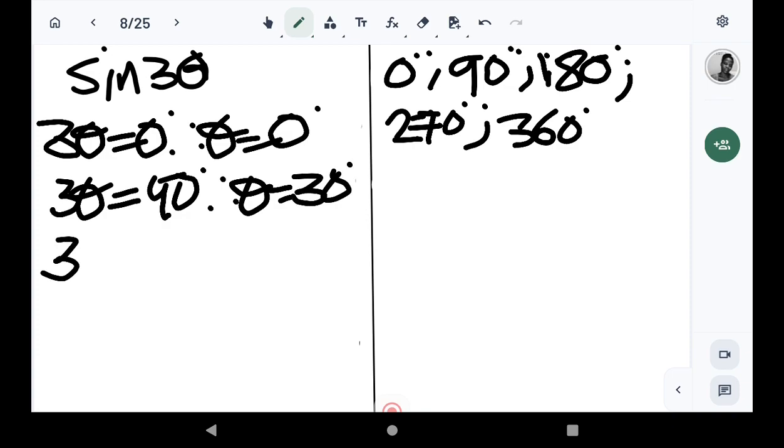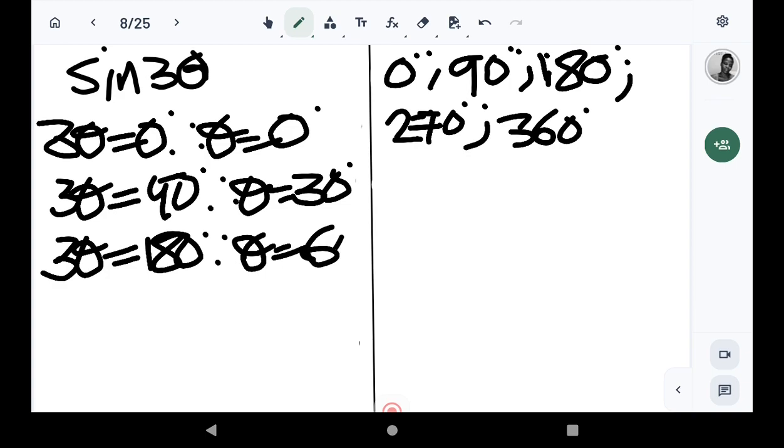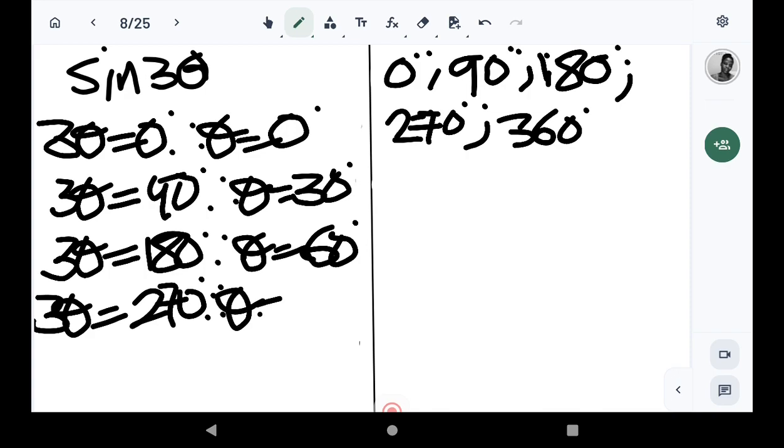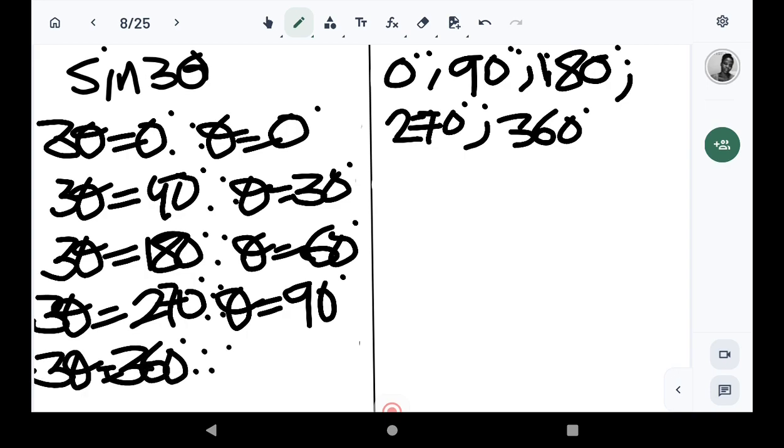3 theta equals 180, therefore theta equals 180 divided by 3, that is 60 degrees. Use a calculator just to make sure that you get your numbers right. 3 theta equals 270 degrees, therefore theta equals 270 divided by 3, that is 90 degrees. And the last one is 3 theta equals 360 degrees, therefore theta is 360 divided by 3, that is 120.